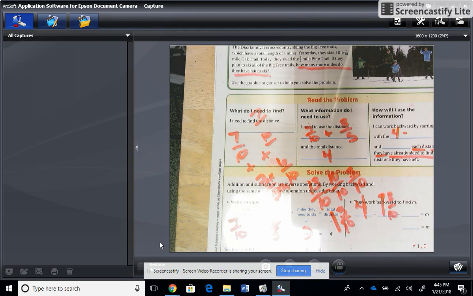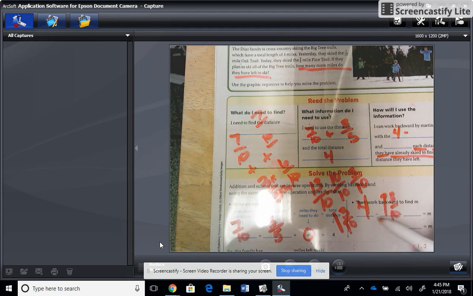So I'm subtracting a mixed number from a whole number. So what do I want to do? I want to change everything to a fraction. So when I do that, I know that I'm going to work with a common denominator of what? 10.